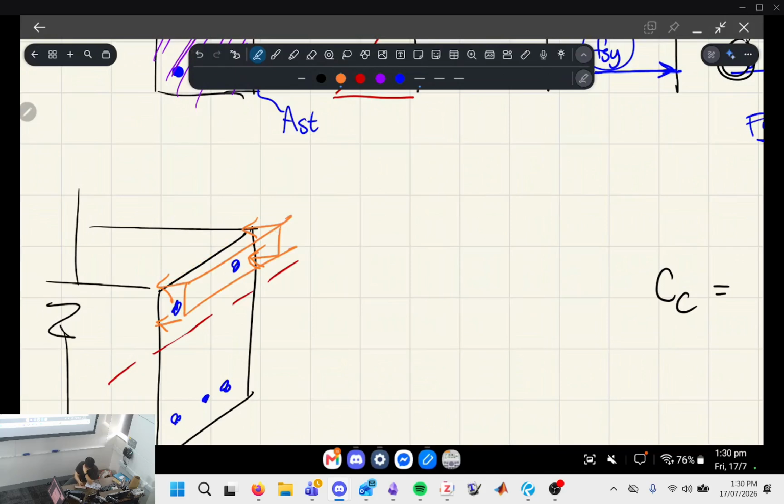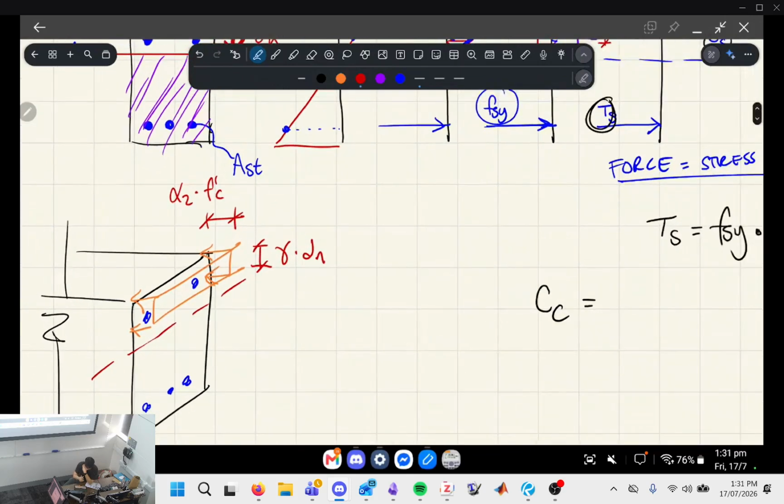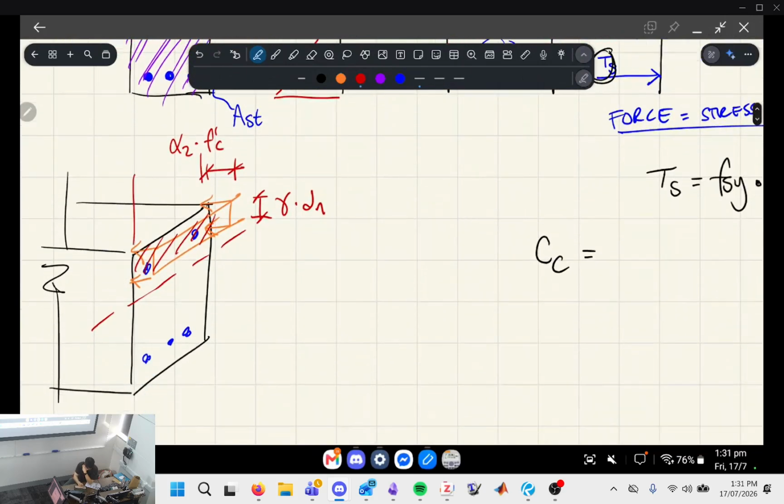The dimension this way is going to be alpha 2 F'c. The dimension this way is going to be gamma dn. Now the last dimension, in order to make this the area, is going to be this way. That's the width, so we can call that B, the beam width.